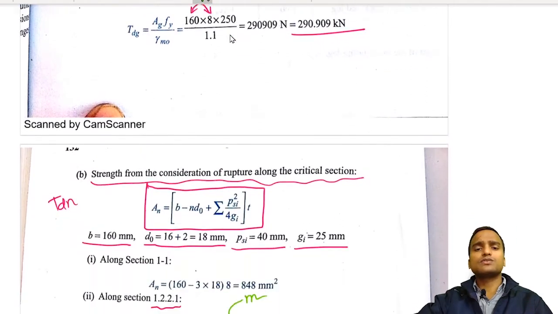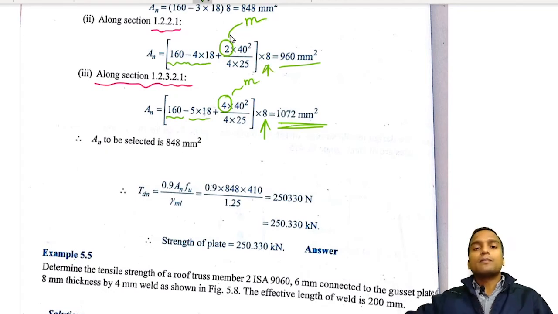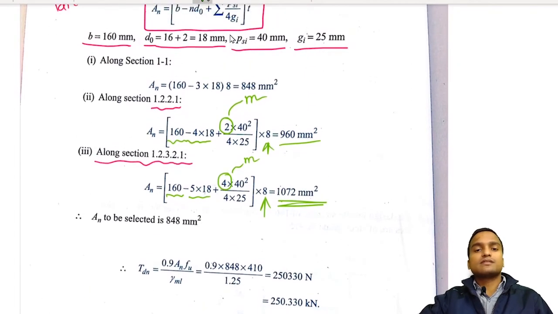So using these 2 values in the formula of net sectional area, 160 is the width of plate minus n times diameter of hole, n is equal to 5, and here the m value is 4. So we can directly use m times p square by 4g and then multiply it with the thickness of plate all the time.